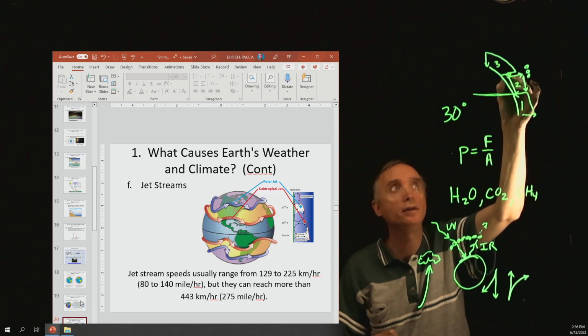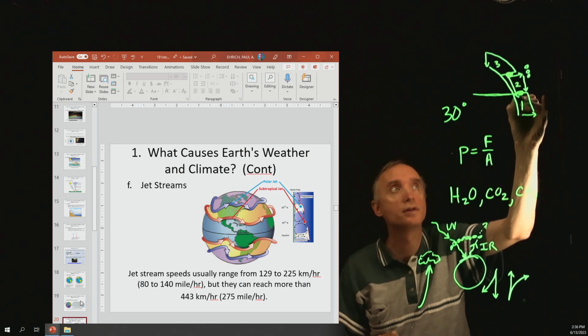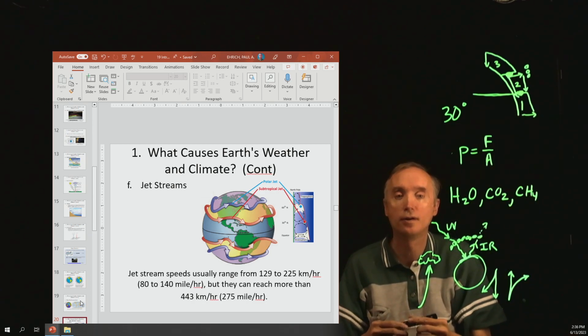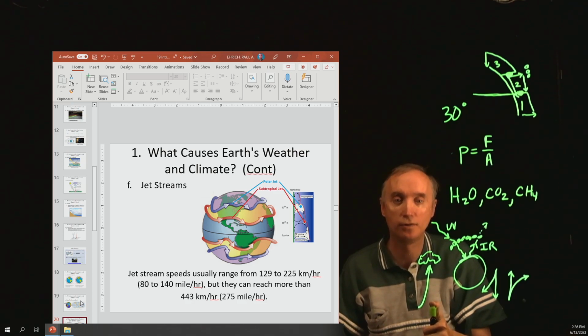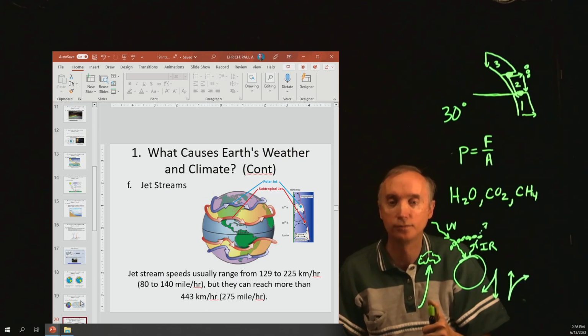So right here is going to be a jet stream, and right here is going to be a jet stream. And so jet streams are places where the wind is blowing very, very fast. So between 129 to 225 kilometers per hour.